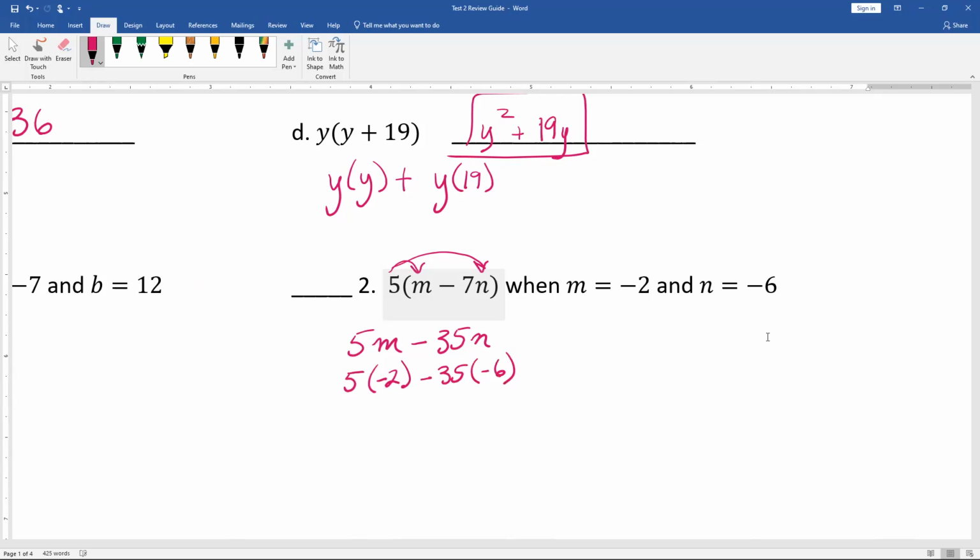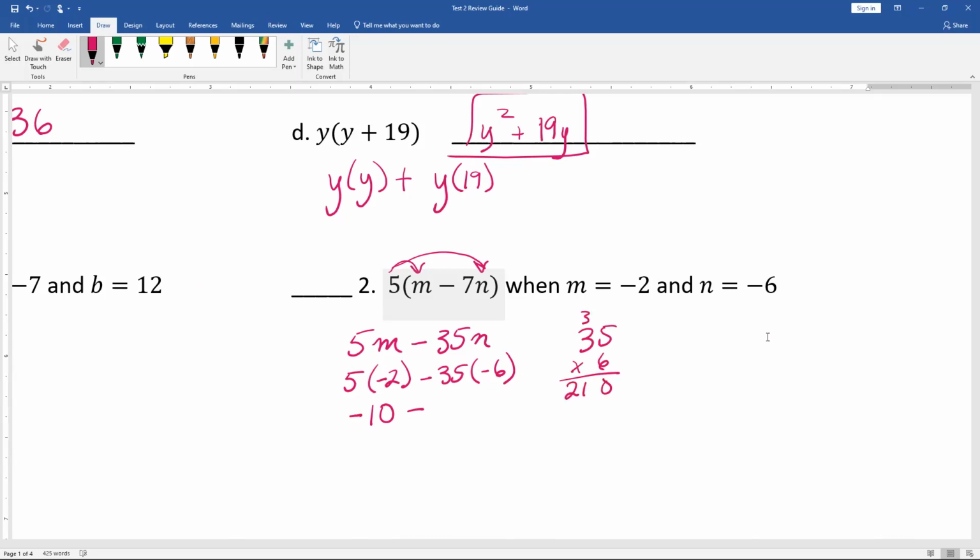All right, so now when I simplify, what do I get? So 5 times negative 2 is what? Negative 10. Minus, which is 30, carry my 3, 210.